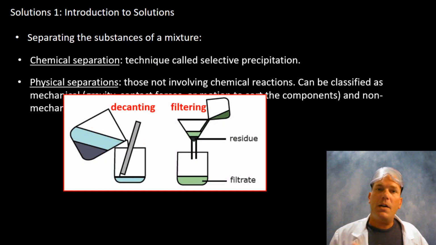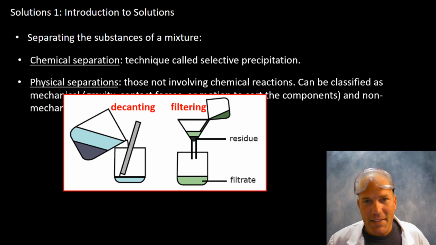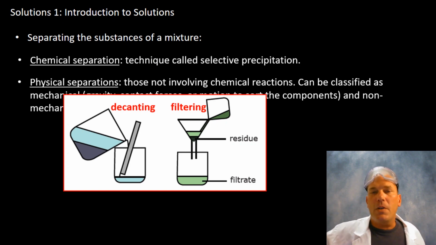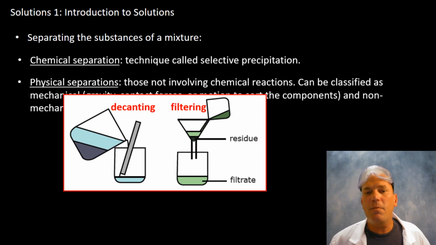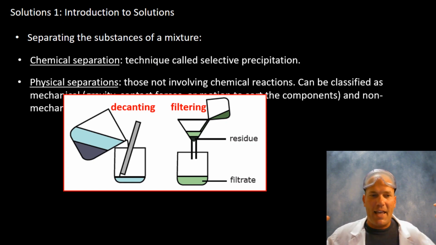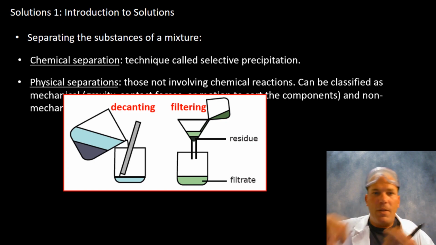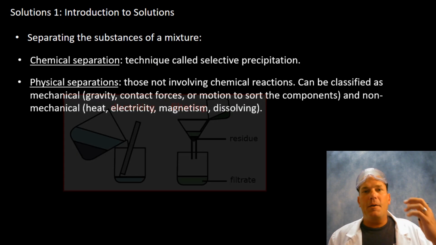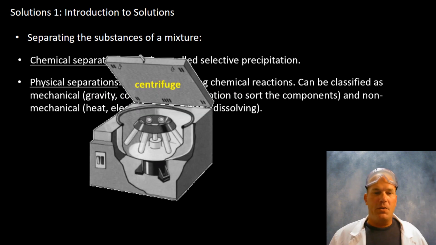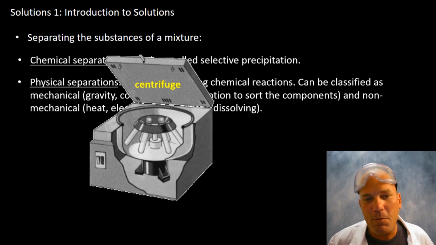So here are a couple examples of mechanical separation. Decanting is something we'll do often in lab. Filtering, we've already filtered in several of our labs, but again, that involves a mechanical separation, the motion of those components. Another example, using a centrifuge, all right? We use centrifuges in class as well.